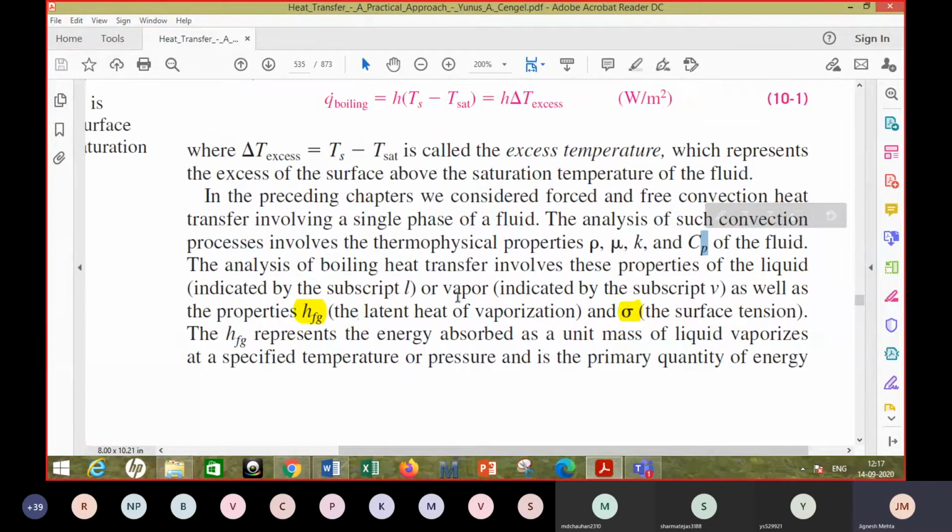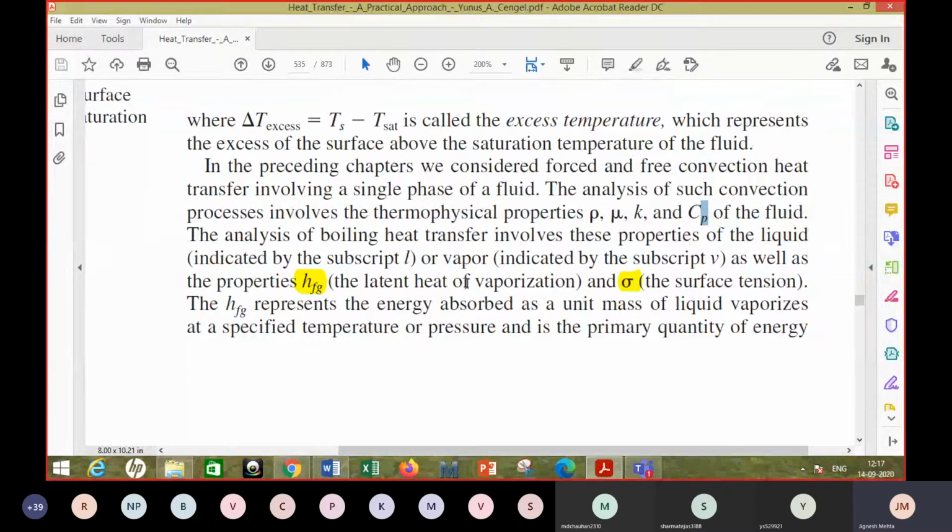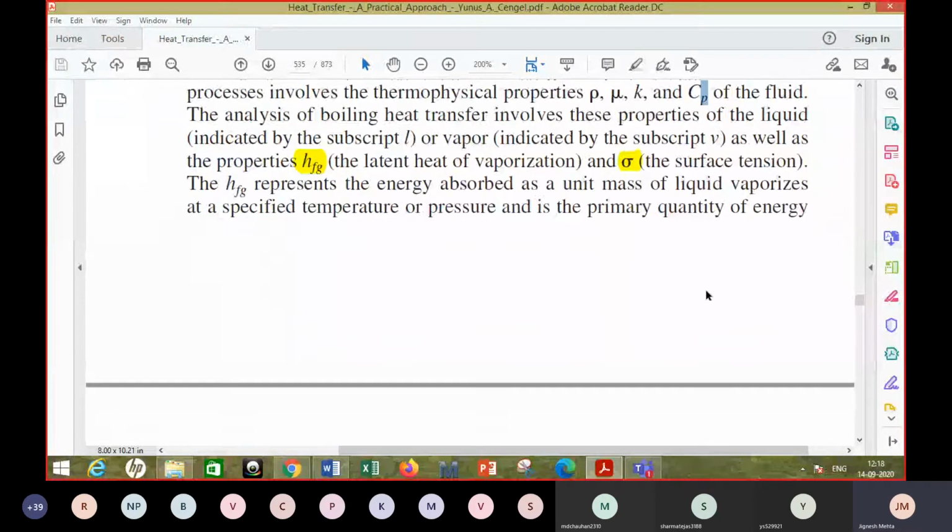But there are some additional properties of the fluid which are also playing a role in the boiling heat transfer phenomena, and they are: one, the latent heat of vaporization, h_fg, right? What you see from steam table, hg minus hf. So latent heat of vaporization also plays a role in this phenomena, and also the surface tension, because the growth of bubble is affected by the surface tension effect.